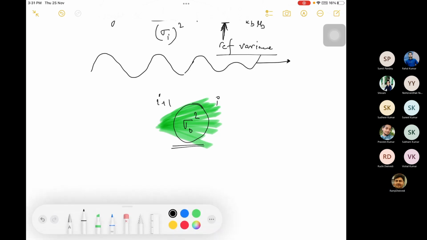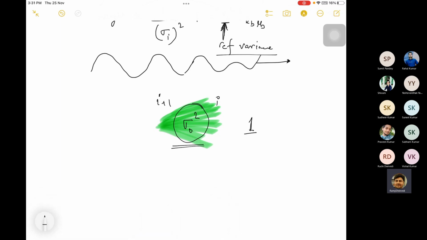So arbitrarily, we choose this value as 1, isn't it? We do not worry about how this value would be given, but we arbitrarily choose this value as 1. So these estimated values should not be influenced in general.